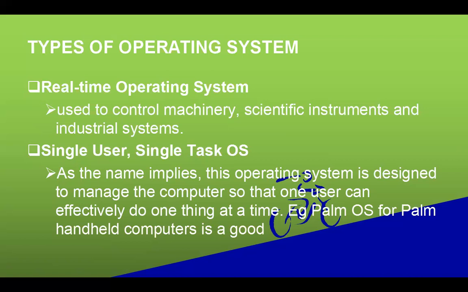The second one is the single user, single task OS. As the name implies, this operating system is designed to manage the computer so that one user can effectively do one thing at a time. An example of this is Palm OS for palm-oriented computers.